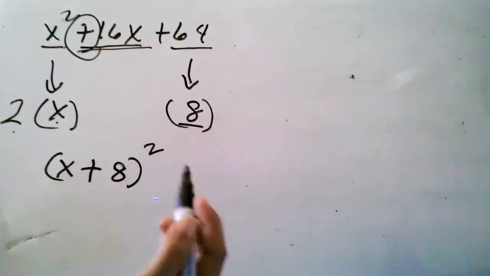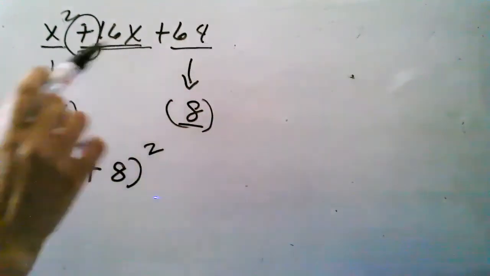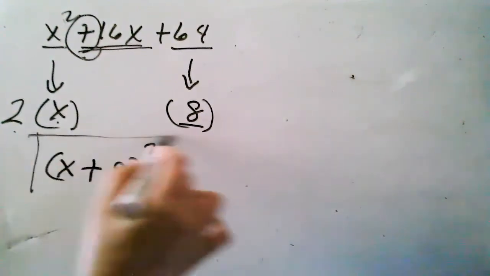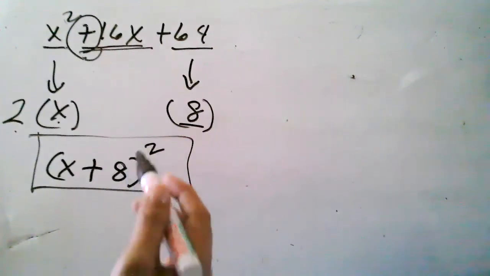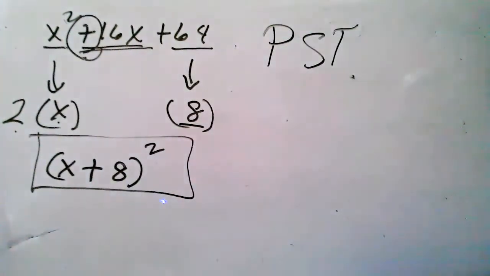So what you just need to do is copy the sign of the middle term, okay? And that completes our factoring. So this is our final answer in factored form. That means this is how a perfect square trinomial is factored.